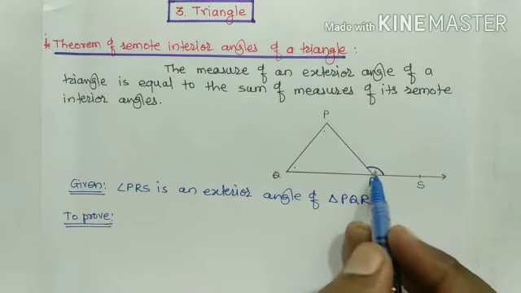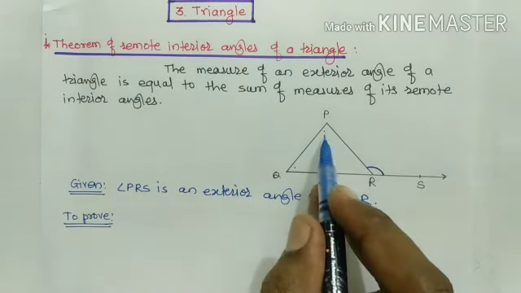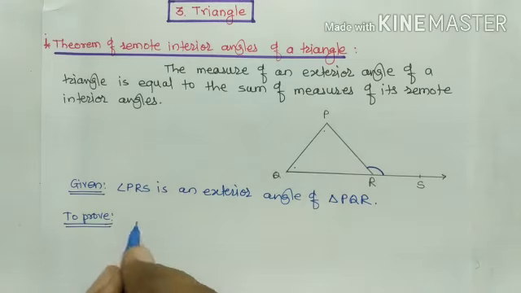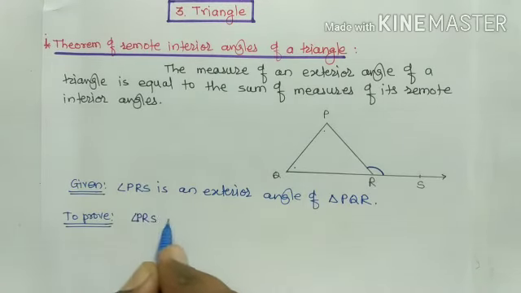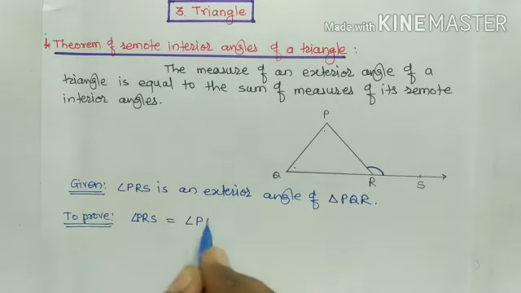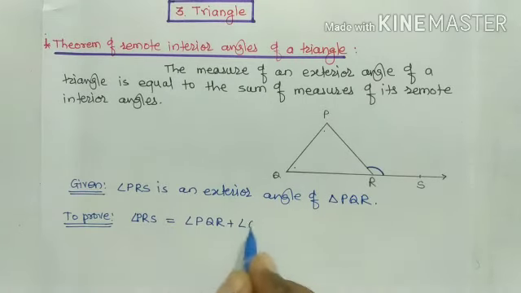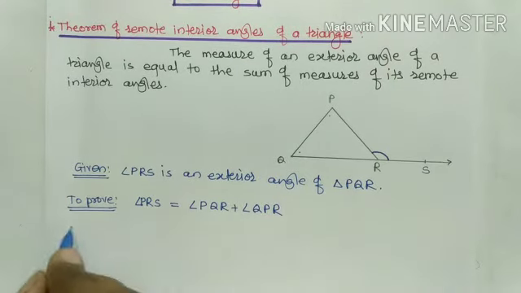The measure of this exterior angle is equals to the sum of its remote interior angles. That is angle PRS equals to angle PQR plus angle QPR. Now here we write the proof.